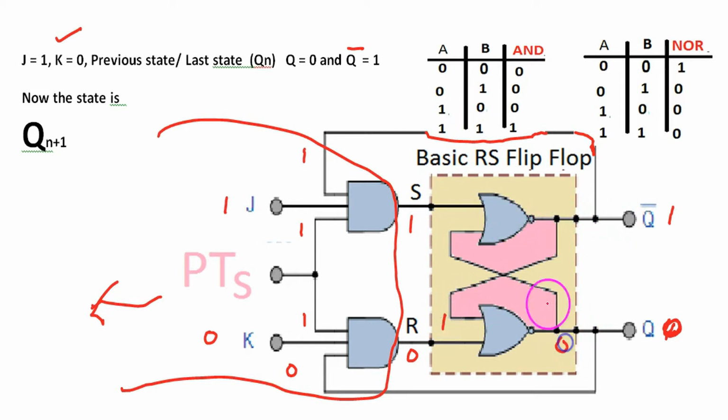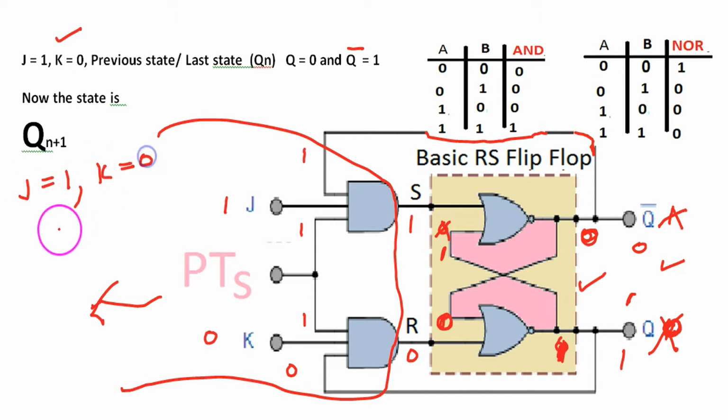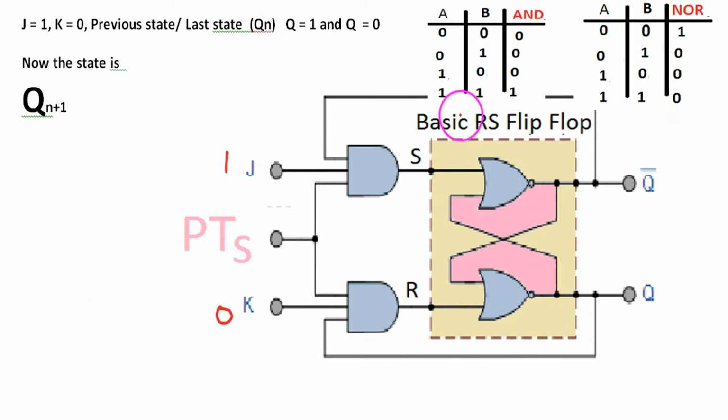So 1 is here, 0, 0 is here, 0, 1 is 0, 0 comes here, 0, 0 is 1, 1 comes here. So this is 1 now, 1 comes here, 1, 1 is 0. So 0 it becomes 0, 1. So if J equals 1, it forces Q equals 1 always. If J equals 1, it forces Q to become 1.